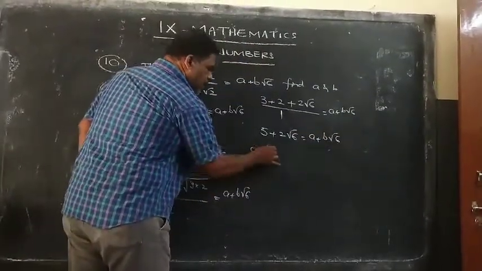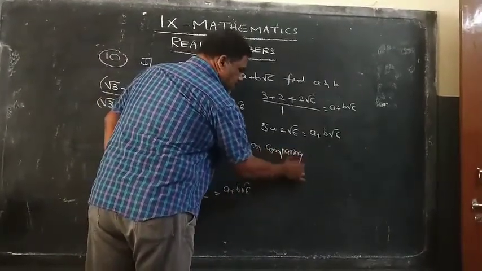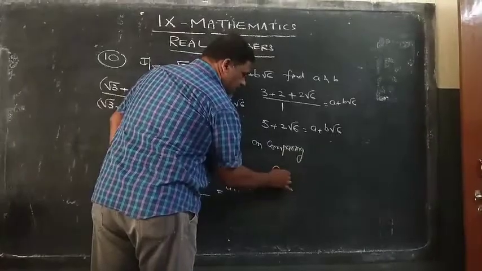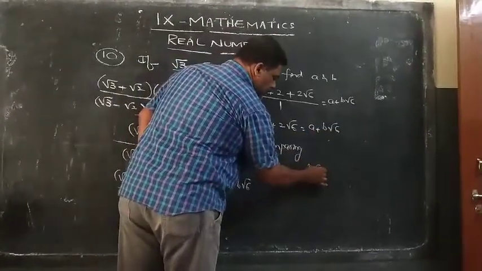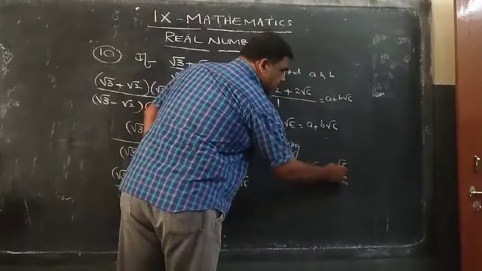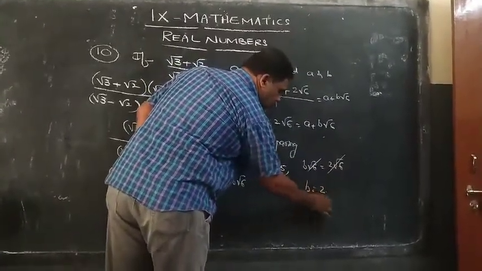Now when you compare on both sides, on comparing a value we will get 5. Here b root 6 is there, here 2 root 6 is there. Root 6 you can cancel. You will get b value 2.